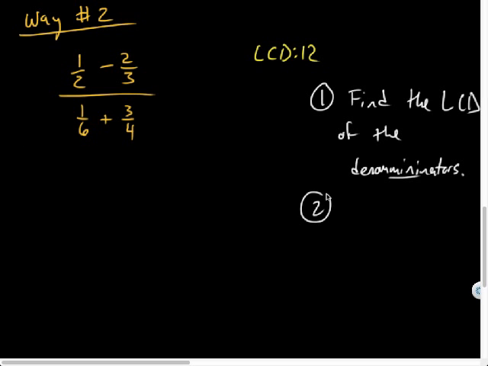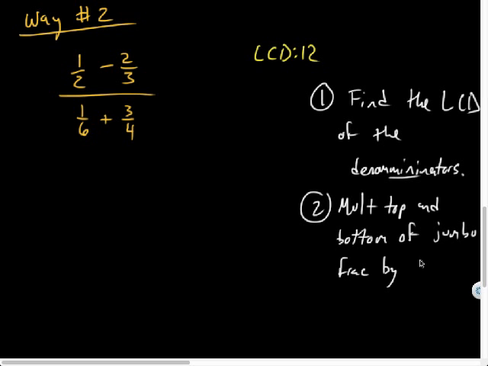All right, step 2 is multiply top and bottom of, I guess I'll call it the jumbo frac, by LCD over LCD. All right, so let's do this.